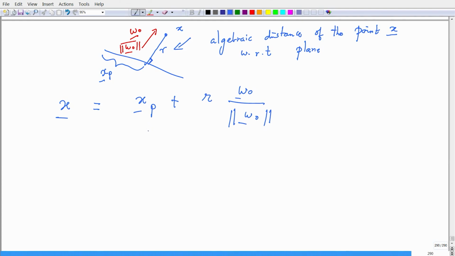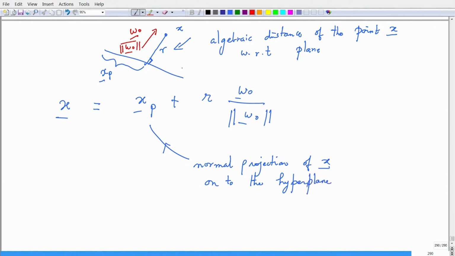So I write it again. So xp is the projection of x onto the hyperplane, and I am indicating this as my hyperplane. So I think we are complete in this form.